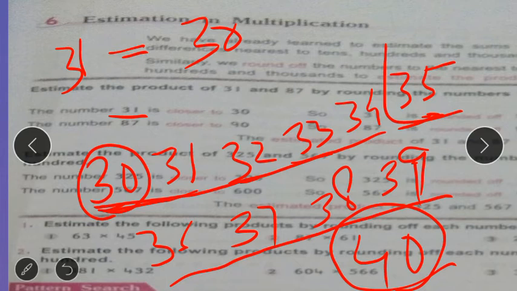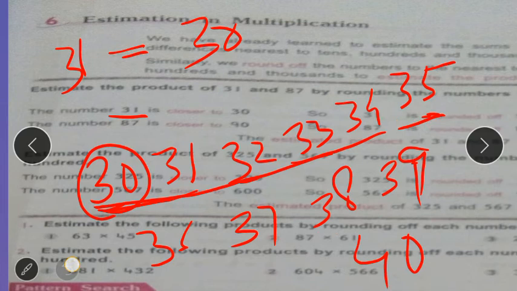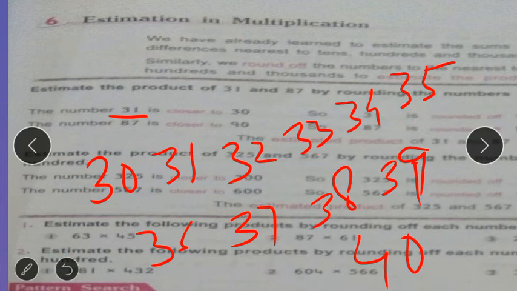Just think that instead of 31, the number given is 36. So the estimating value of 36 is 40. Is it clear? Here in the question, the number 31 is closer to 30, as I have explained.